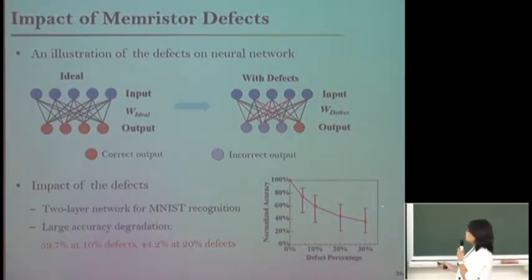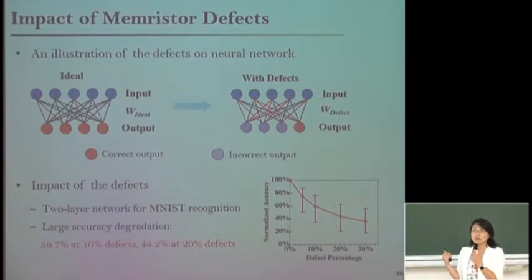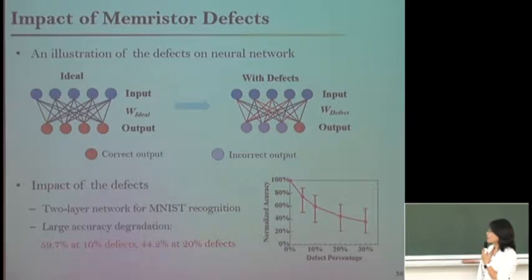So we actually did some simulations for a two-layer network used for Memristor recognition. The x-axis shows the defect percentage, and the y-axis shows normalized accuracy. What I mean is, in the ideal case, the real accuracy is about 96-97%. Assume this is 1.